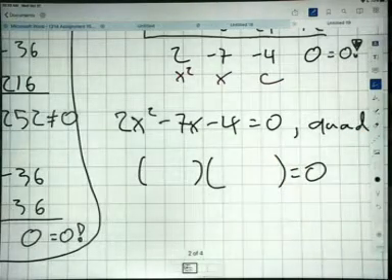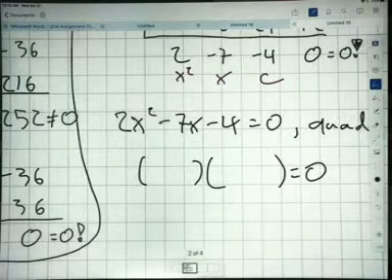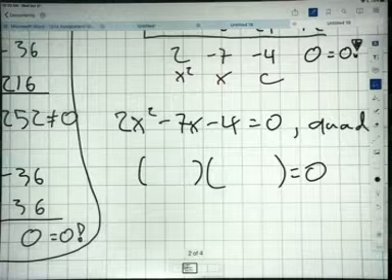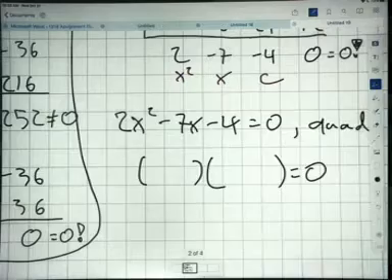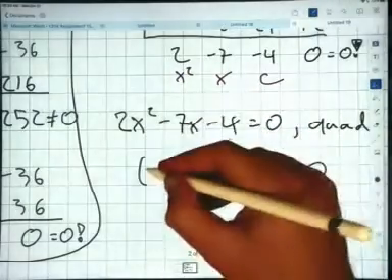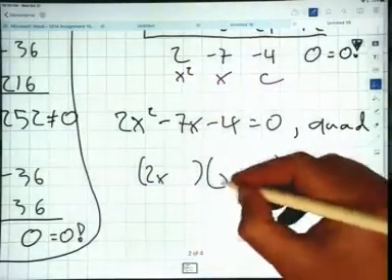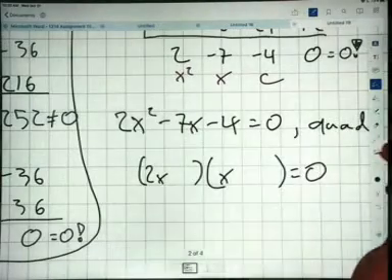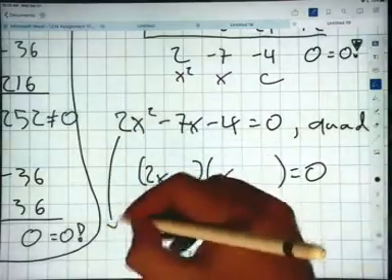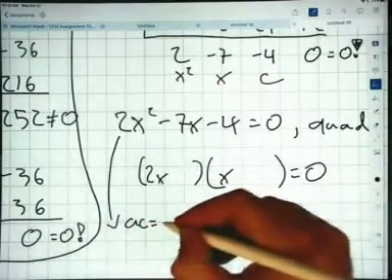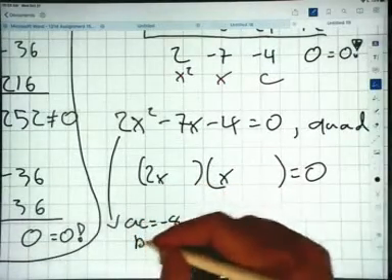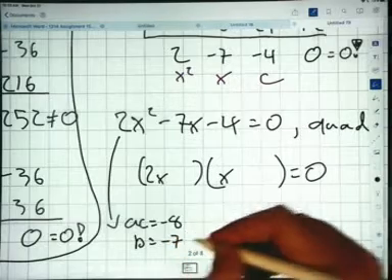And at this point, I'm just going to go straight to the factored form. You know how to factor, or you should know how to factor at this point. Because we have this 2x squared in front, the only way to make a 2x squared is take a 2x times x. Now, remember what I said earlier? I was doing the AC method. AC is equal to negative 8. B is equal to a negative 7.